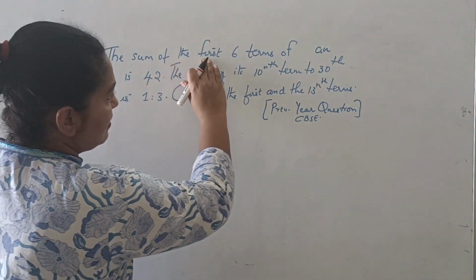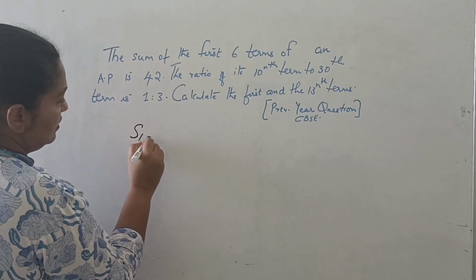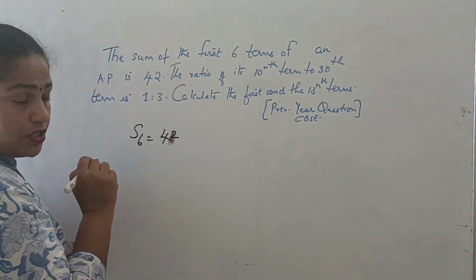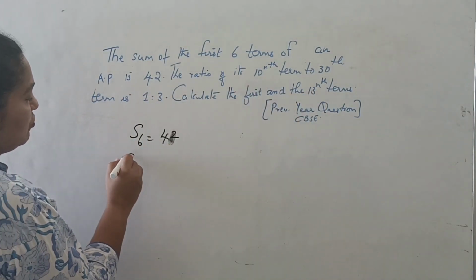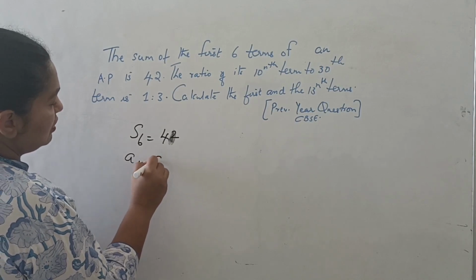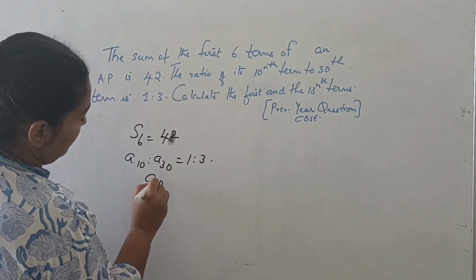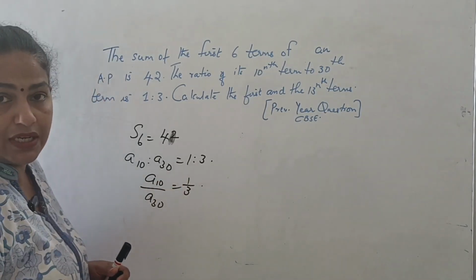It is given that the sum of the first 6 terms of an AP is 42. The ratio of the 10th term to the 30th term is 1:3, or I can say A10 by A30 is equal to 1/3.